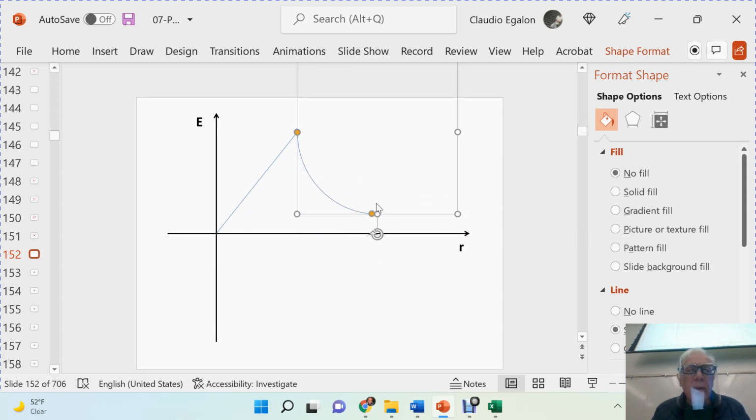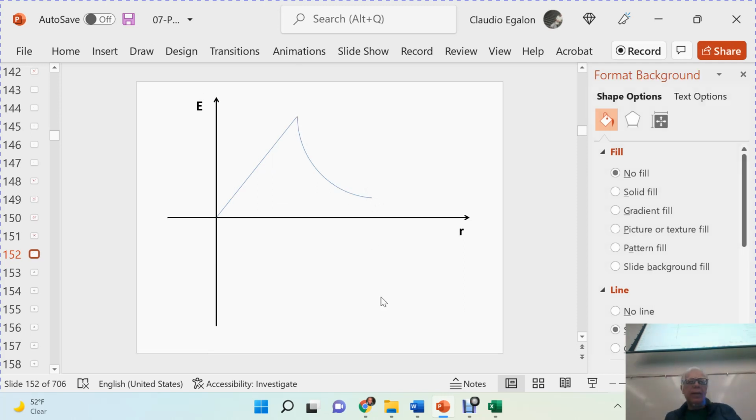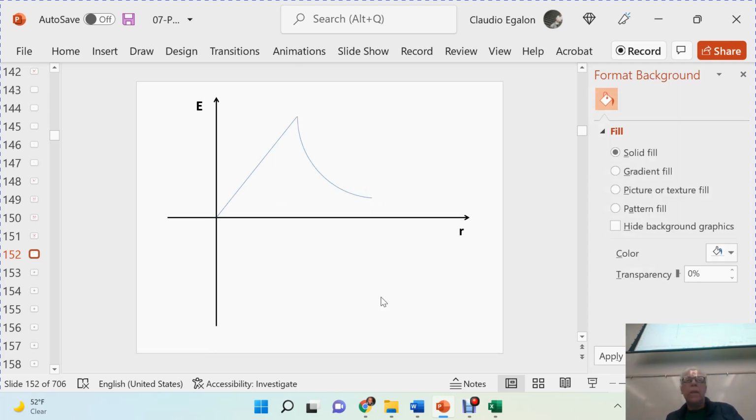The electric field is continuous, yes, but not its derivative. It's something like that.